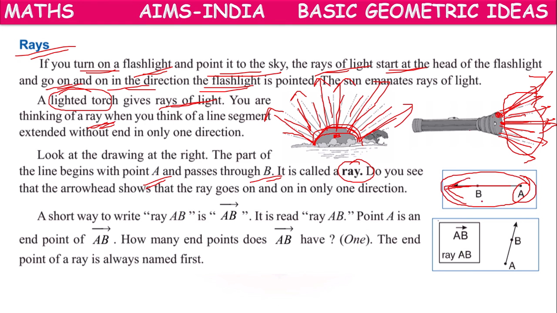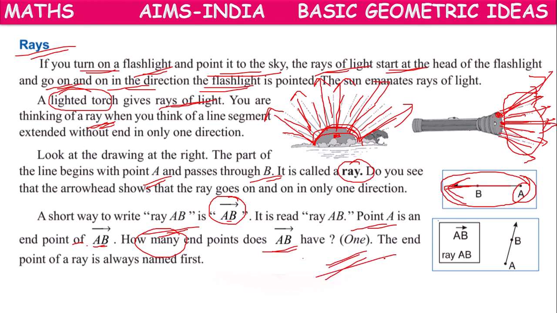So this AB pointing towards the B direction is called ray AB, or AB bar. Point A is the end point of AB bar, and it has only one end point. If anybody asks how many endpoints AB bar has, we have to say only one.